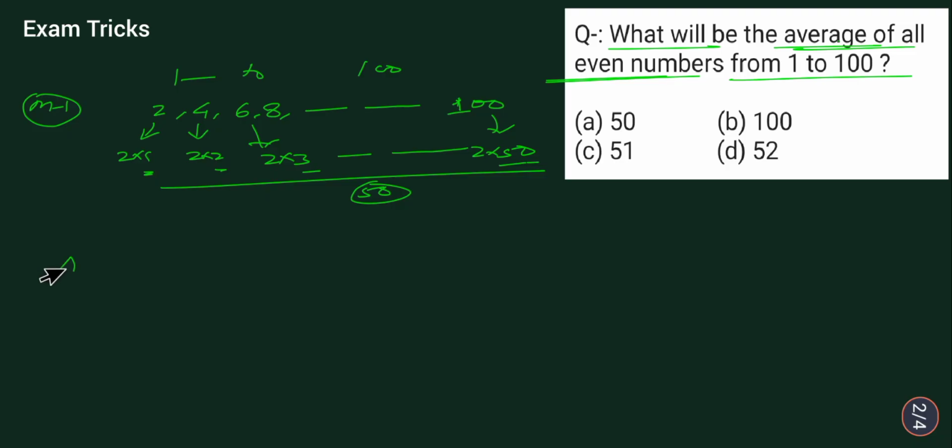Now, what is average? Average is equal to the sum of all the data, entries or numbers available, divided by the number of terms.